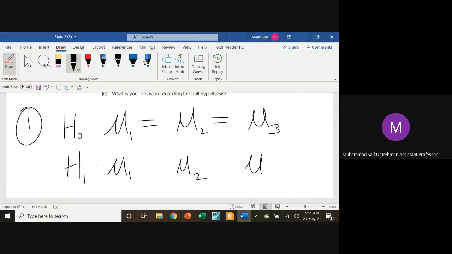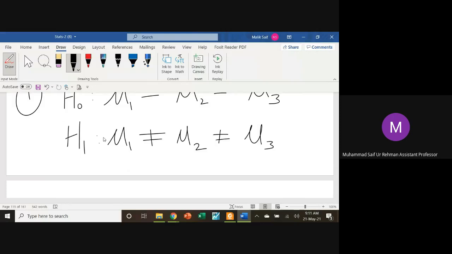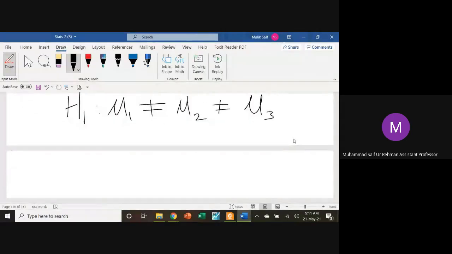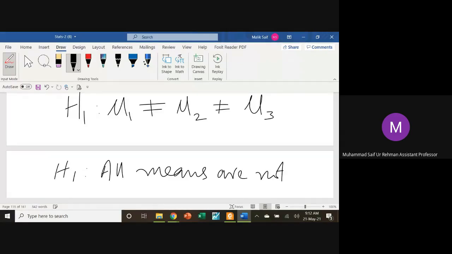Similarly, in the alternate hypothesis, you may write that they are not equal. Fine. And instead of writing this, you may write H1 as all means are not equal.